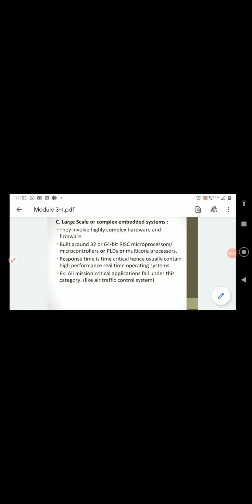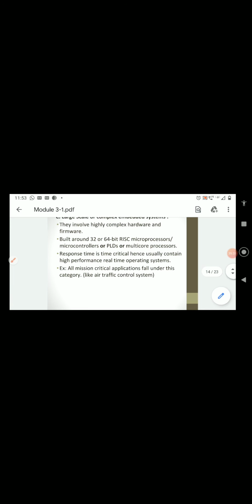Okay, you can consider the example of an air traffic control system. Whenever there are mission critical applications, they fall under this category. What do we mean by mission critical?